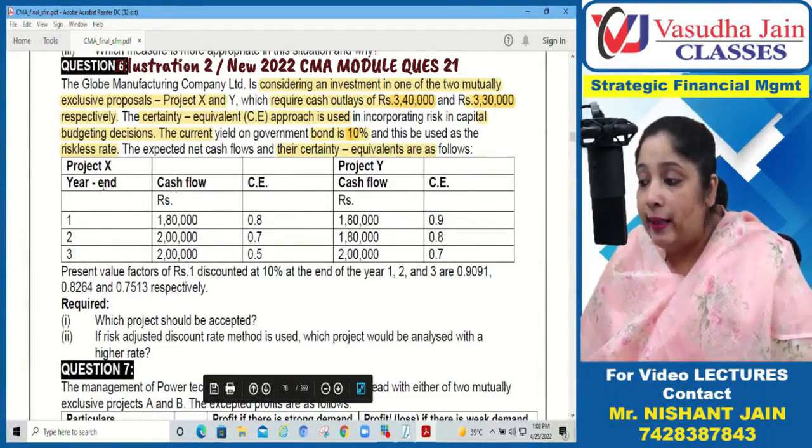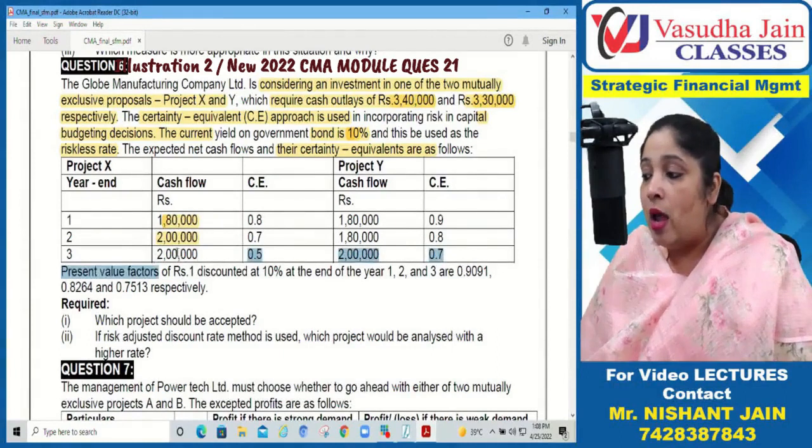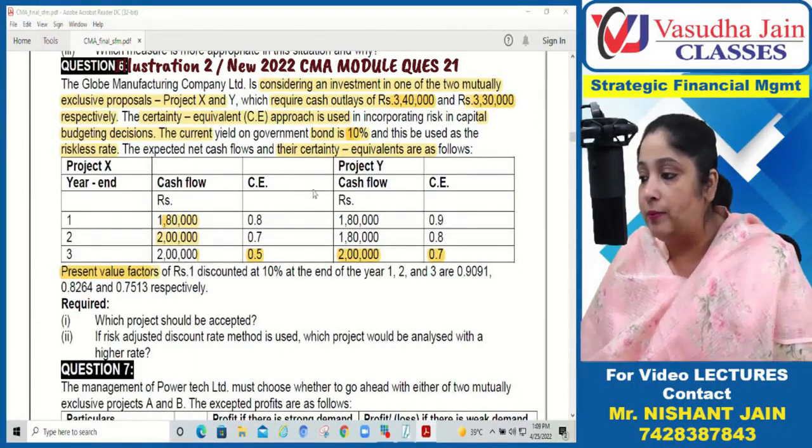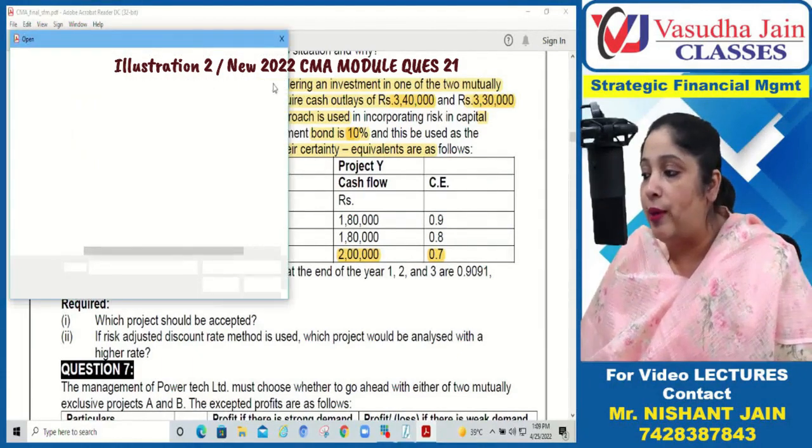So from Project X, you can expect these cash inflows, and with certainty, if you want to know, you have to multiply with the certainty equivalent factor. The certainty equivalent factors are given to you: 0.8, 0.7.